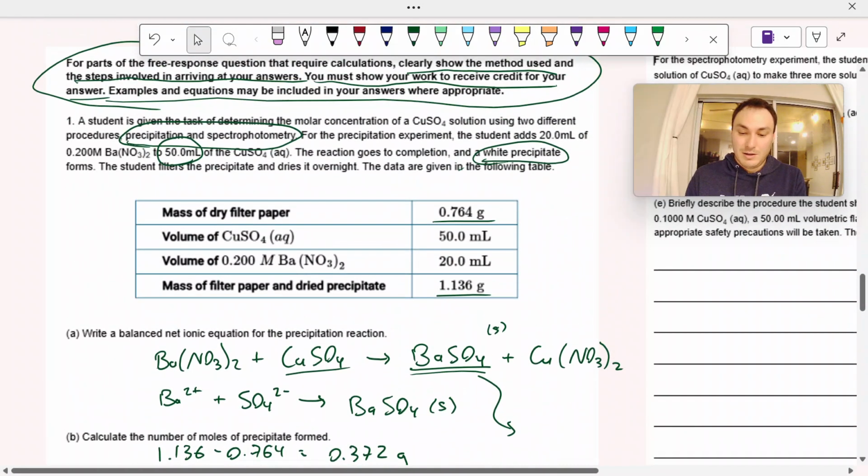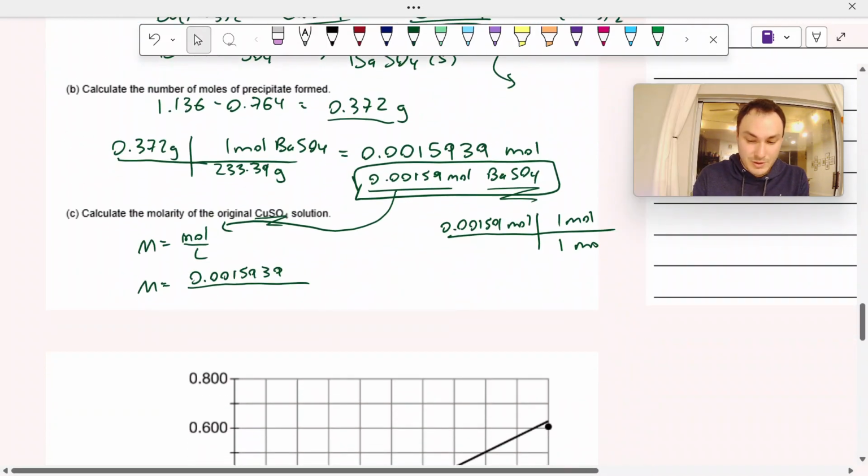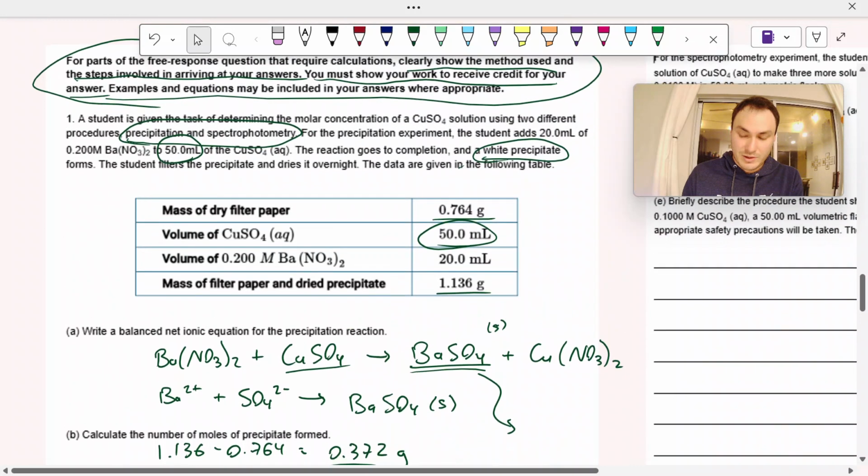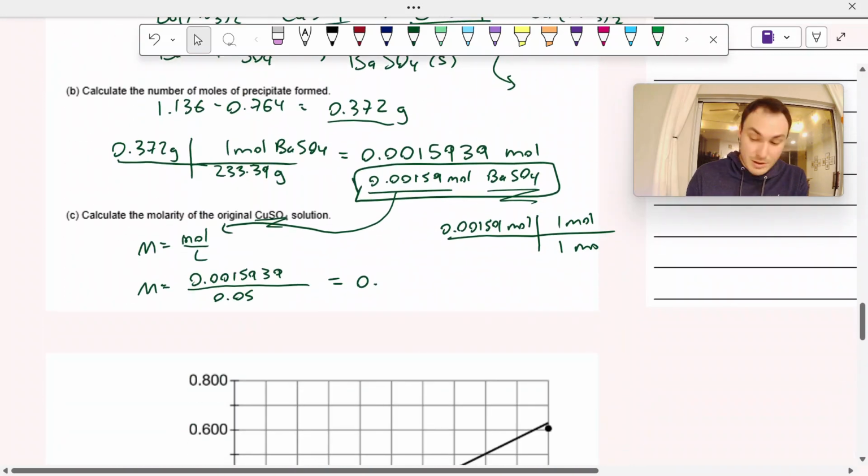All right, the liters of copper 2 sulfate, we had 50 milliliters, so 0.05 liters. So divide that by 0.05, and we get 0. Sig figs are going to be 3 sig figs still.